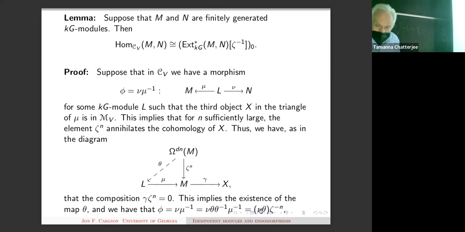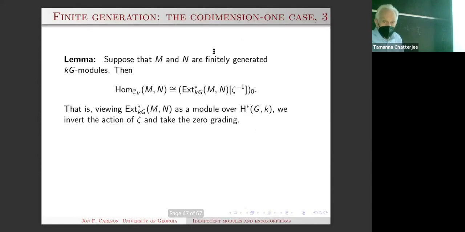So what I'm going to get is nu times theta times zeta to the minus n. And that's what we're doing up here. I'm inverting zeta, so I can do a zeta to the minus n. And I multiply by this new theta. And that's an element of the cohomology of an x. So this is how you prove something like that.